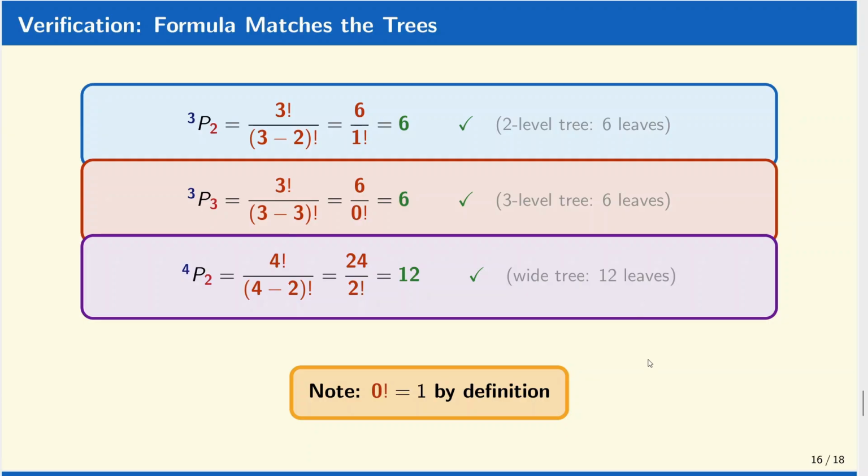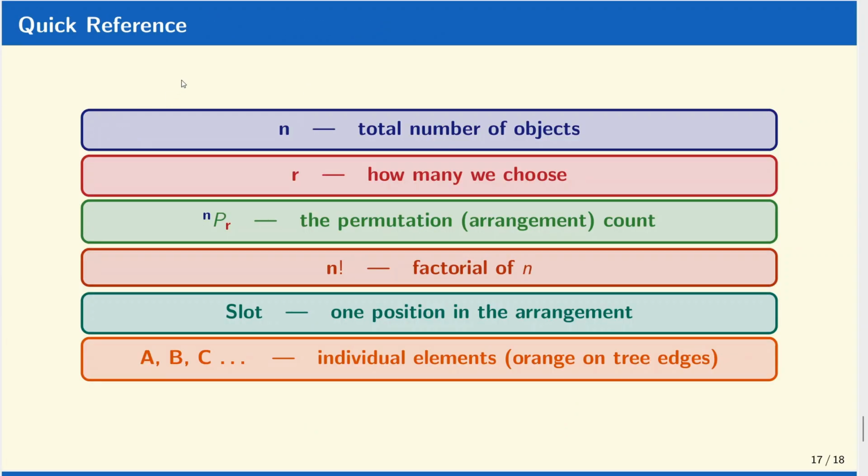Here's a quick reference guide to help you easily recall all the symbols and terms we have used. The lowercase letter n represents the total number of objects in your set. The lowercase letter r represents how many of those objects we are choosing. The symbol nPr represents the final permutation or arrangement count.